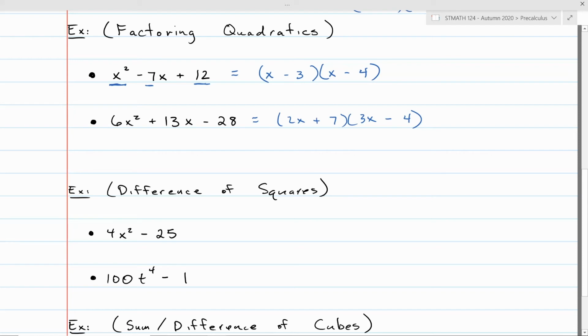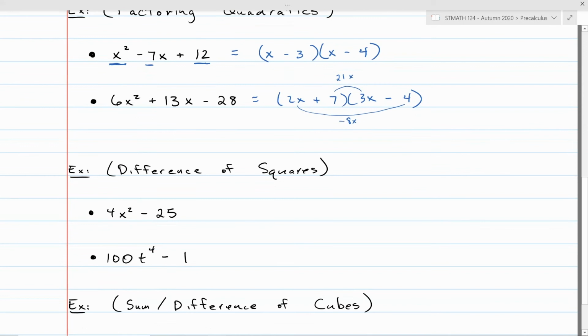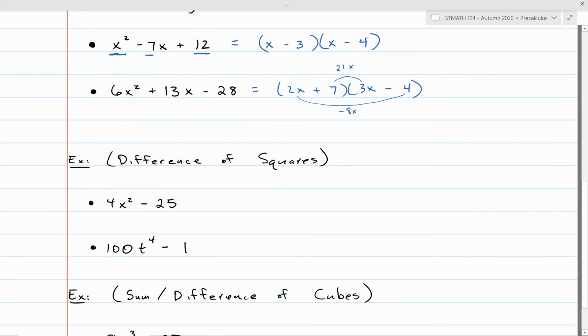So when I multiply this times this, I'm going to get negative 8x. And when I multiply here and here, I'm going to get 21x. 21x minus 8x is in fact 13x. So yeah, that's the factorization you need there. So sometimes they can be a little bit harder, but you may have to check a few different possibilities. But hopefully you vaguely remember this procedure.